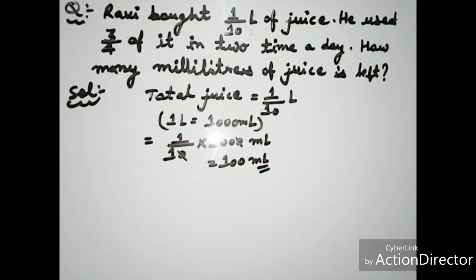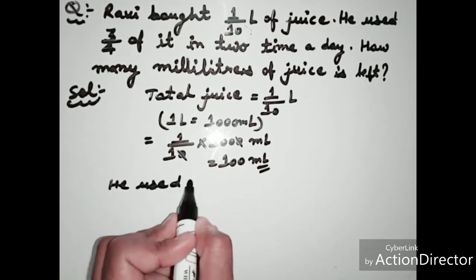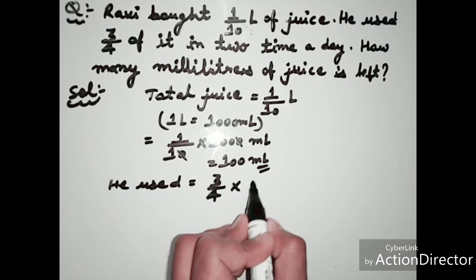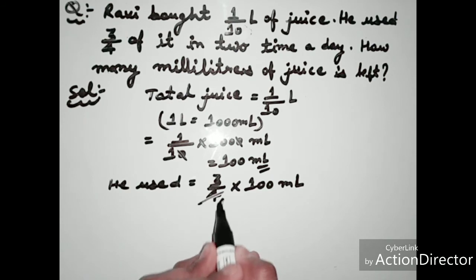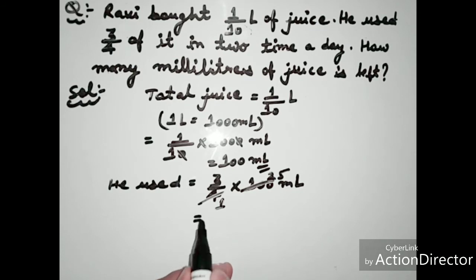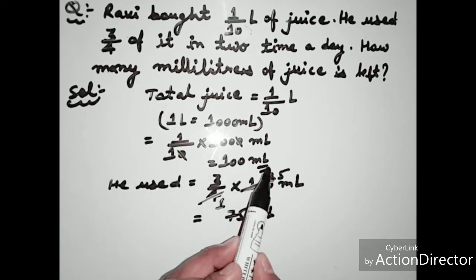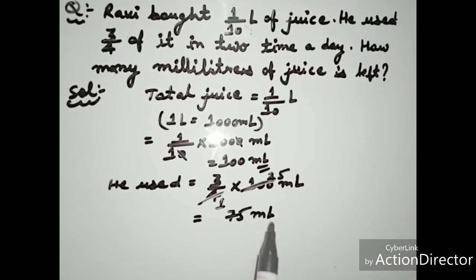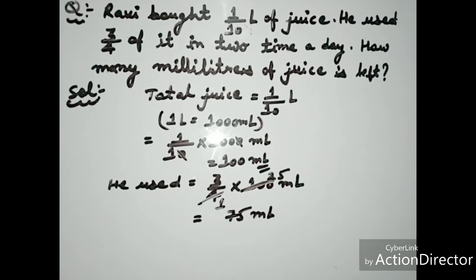Now we find 3 upon 4 of 100 milliliter. So he used 3 upon 4 of 100 milliliter. So 100 divided by 4, 4 ones are 4, 4 twos are 8 and 4 fives are 20, and 25 threes are 75 milliliter. So the total quantity of juice is 100 milliliter and he used 75 milliliter. And here we find how many milliliter of juice is left.